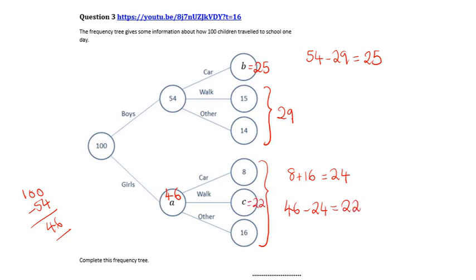As a final check, you can just check that all of this column here adds up to 100, 25 plus 15 plus 14. So that'd be 25, 30, 40, 54 here. And here, 8 plus 22 is 30, plus 16 is 46. So 46 here as expected. And then our 54 plus 46 adds up to 100.